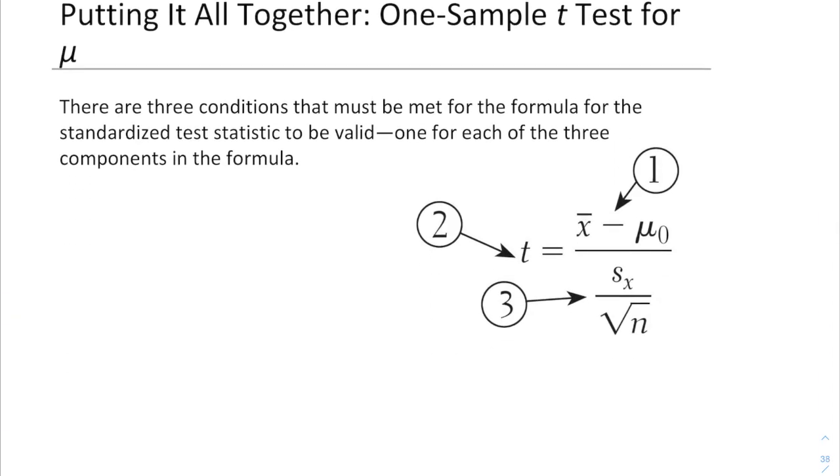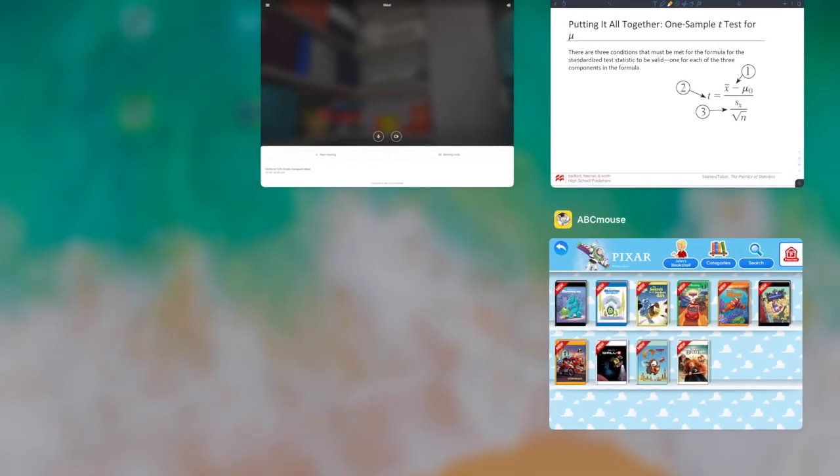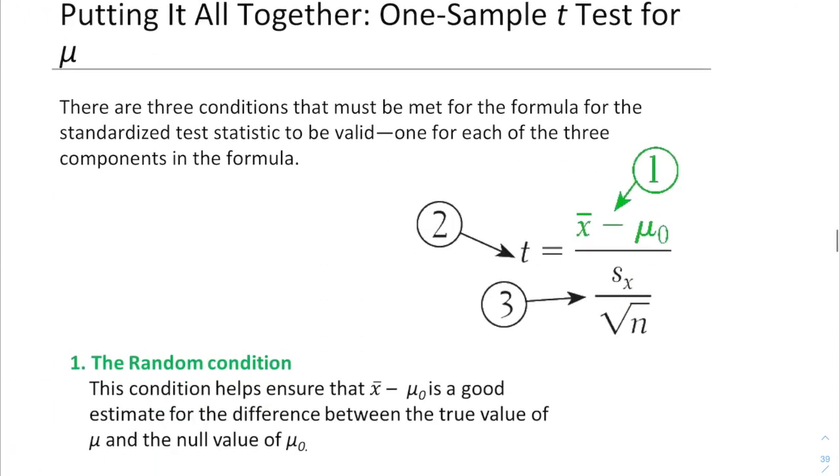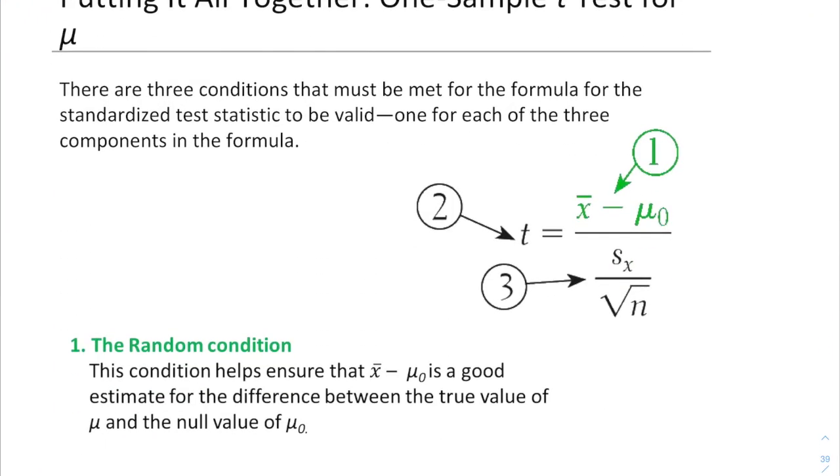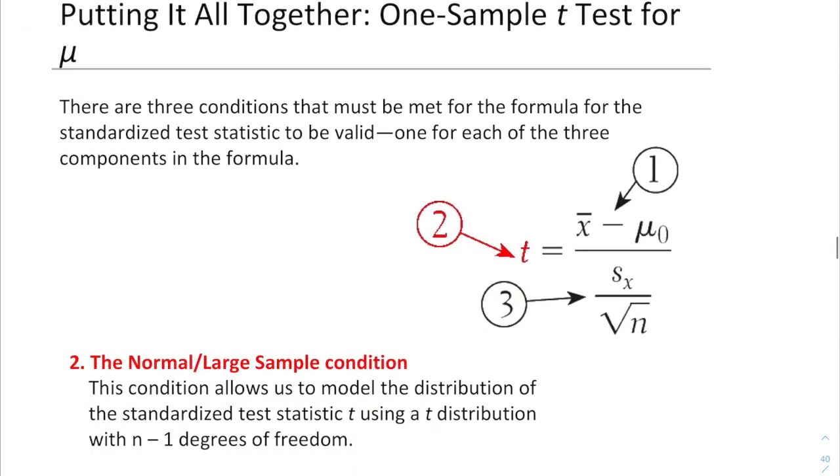So remember, all those conditions that we have to check are different parts of your overall formula. So number 1 was the random condition. That helps to make sure that x bar minus the claimed average is a good estimate for the difference between the actual true value.